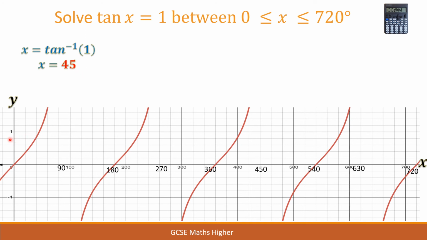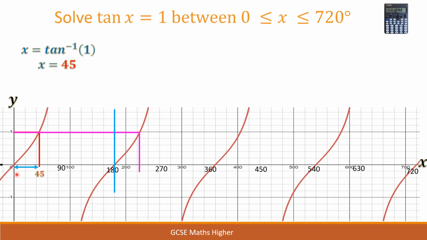What that means in relation to the graph is if you come across at the point 1 and draw a line down, this angle here that we've just worked out is 45 degrees. To find the second angle, we need to extend this line across here. This gives me my second angle. Draw a line down, and this will take me to my second angle. Now I can draw a line in at 180, which is like the y-axis.